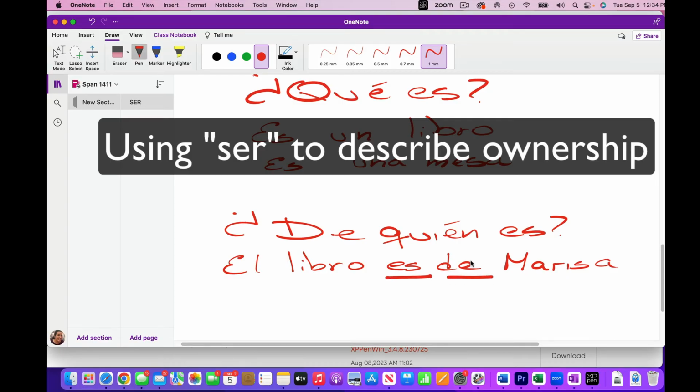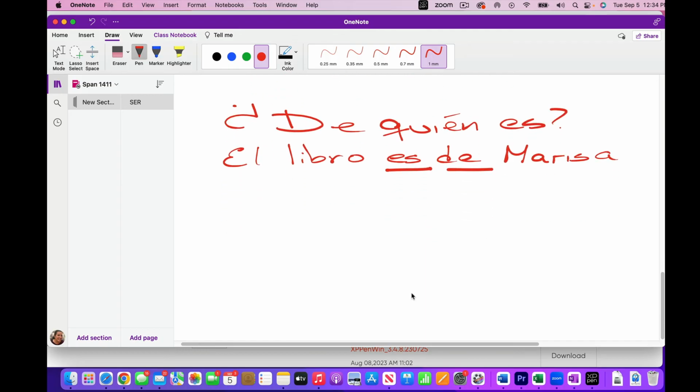El libro es de Marisa. So anytime that you're trying to convey ownership, you're going to use ser de. And of course, you're conjugating ser for the book. The book is an el es, but we're not going to say el, right? So we would just say, el libro es de Marisa. And if we all know what we're talking about, you could just leave out el libro, you could just say, es de Marisa. So that's an example of ownership.